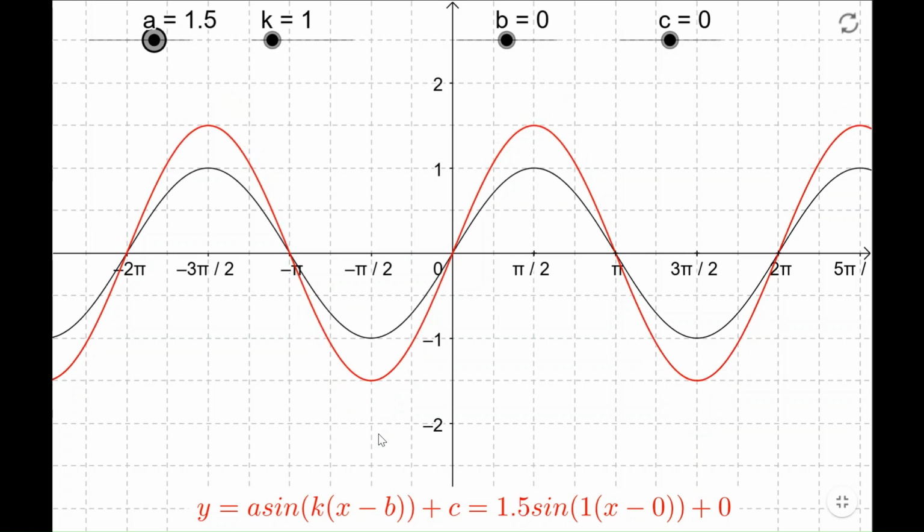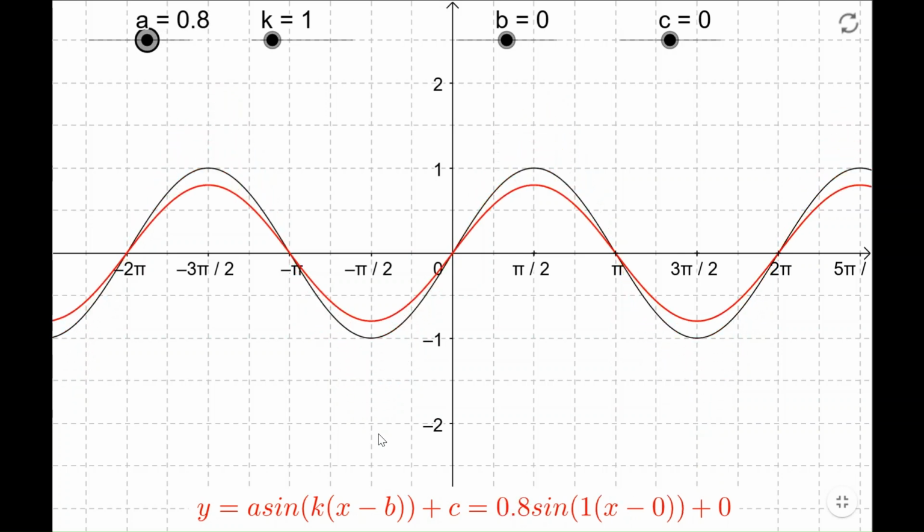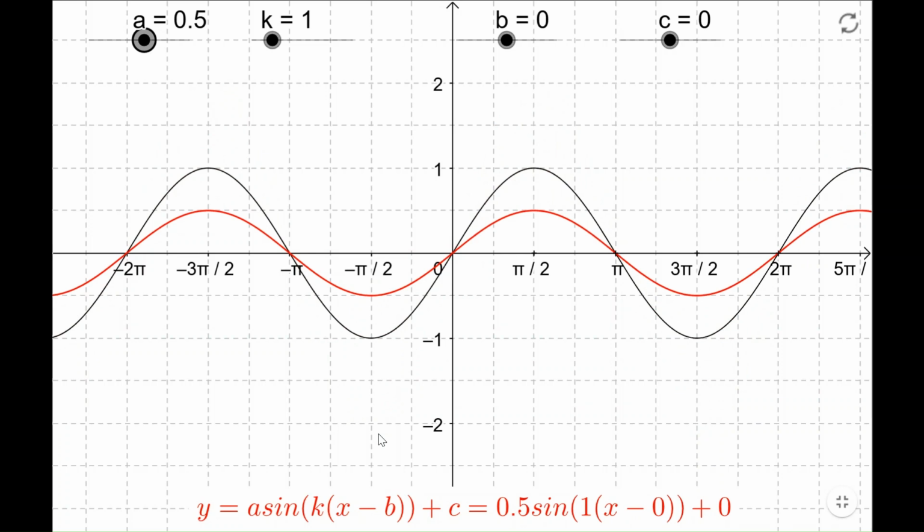If that value gets less than 1, it's going to become shorter. So if it's 0.5, it's going to be half instead of 1, and it's going to be a -0.5 instead of a -1. And so we call this vertical stretch or compression. When we talk about trig functions, we refer to it as an amplitude. So the amplitude is changing the height, how tall this waveform is. Okay, so that's our amplitude. And the other thing, if you remember, hopefully, is if a becomes negative, what happens?